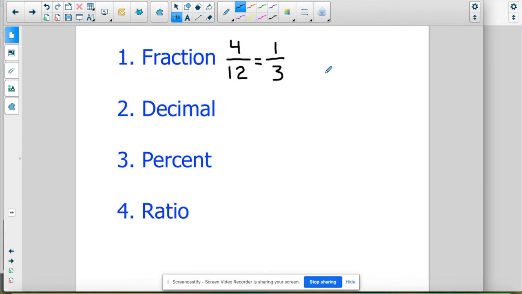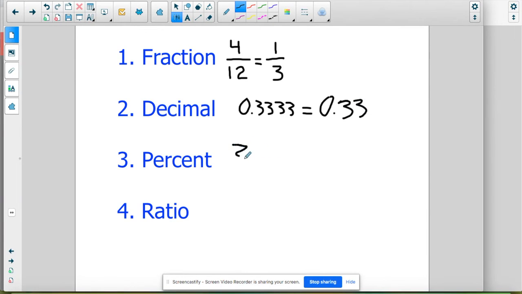Now, 1/3 is an unusual one. We can't convert it easily to a decimal, but we do know that if you take 1 and divide it by 3, you're going to get a repeating decimal. It goes on and on. So what we usually say is it's about 0.33.